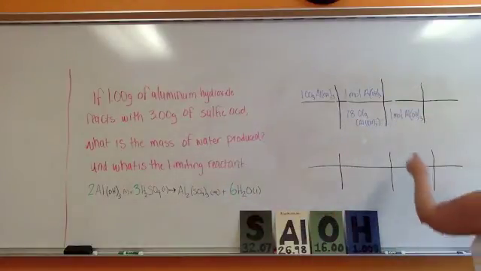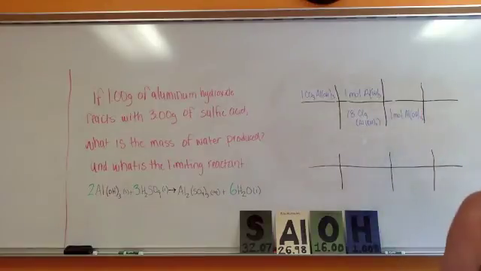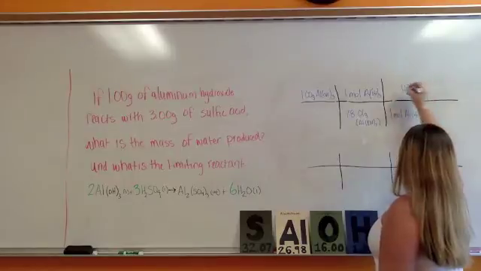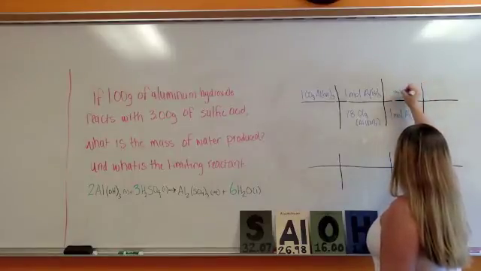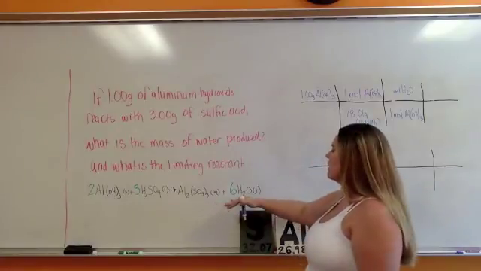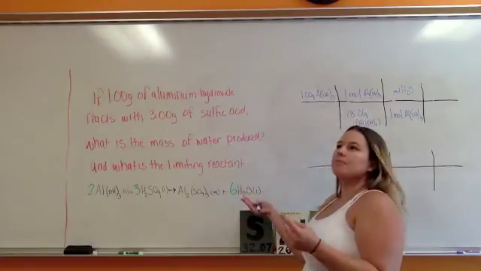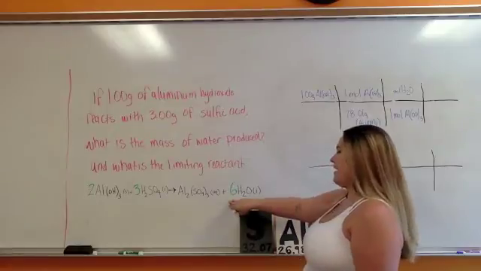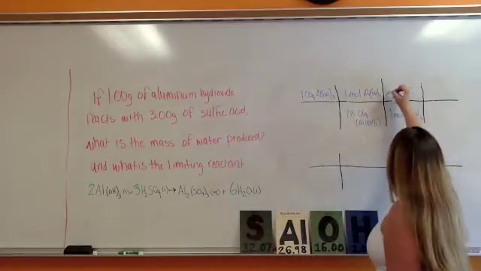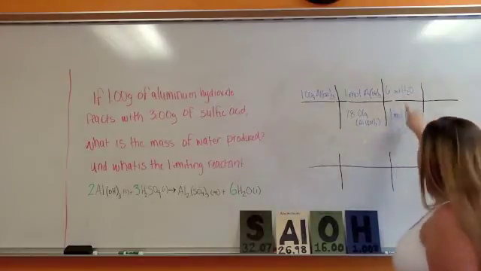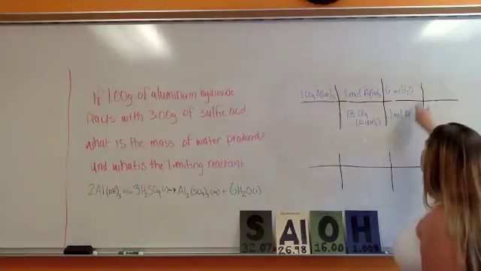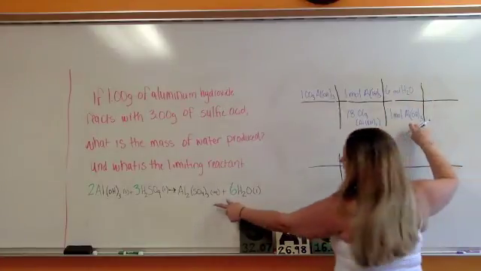So the next thing we're going to do is convert to our moles of water. And here's where it gets a little tricky. According to the balanced equation that we have, we know that our products are going to have 6 water molecules. So we need to account for that. That's where the 6 is going to come from. But now down here, it's not going to be just 1 mole because we're applying this to our equation.